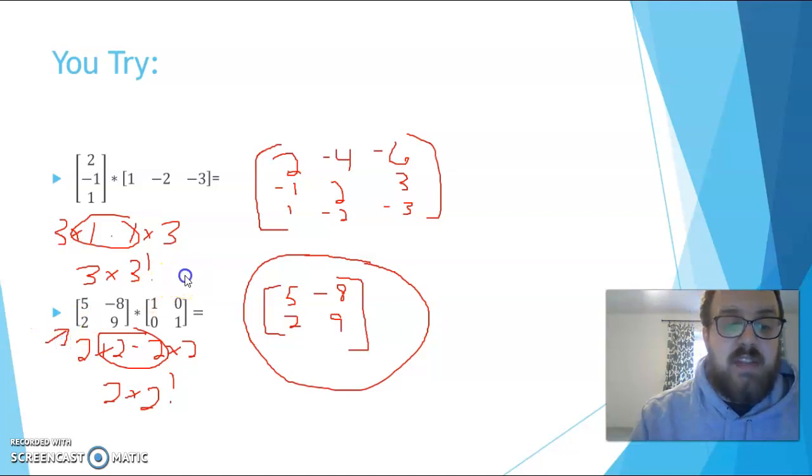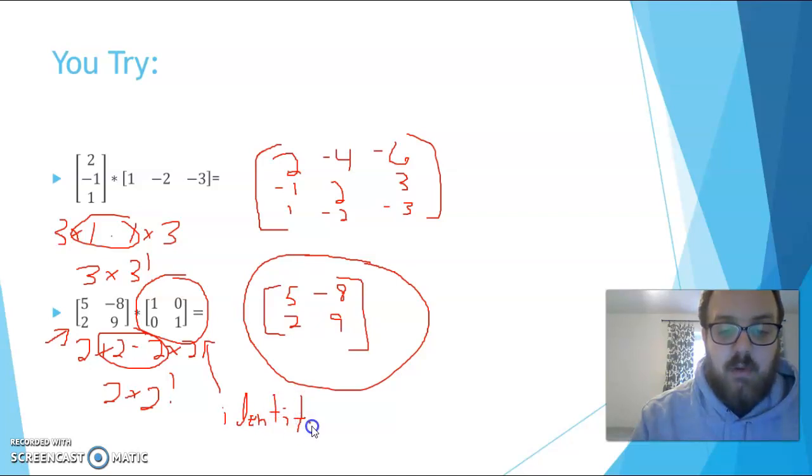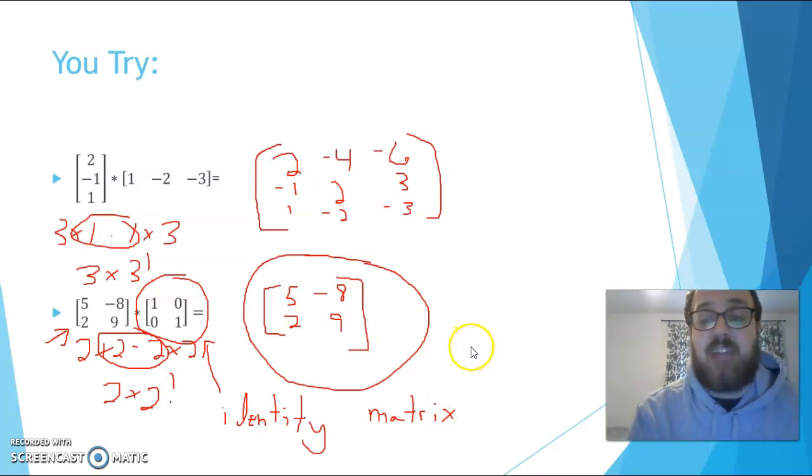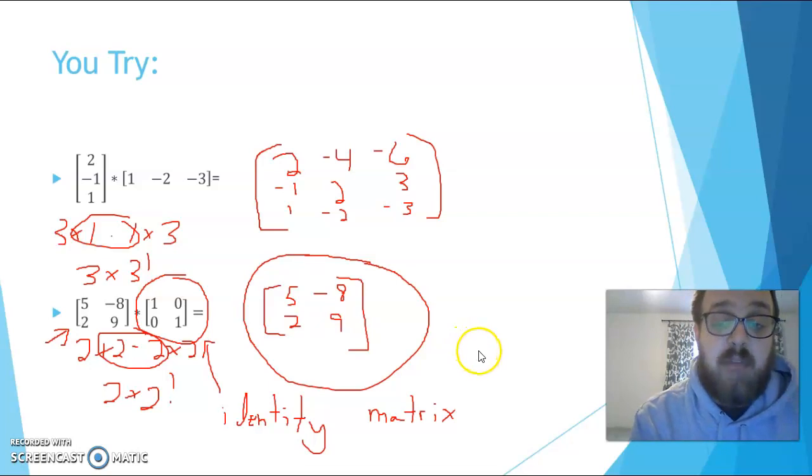That is because this matrix actually has a special name. This is the identity matrix. Kind of like how in our normal number system, 1 is the identity. Anything times 1 is itself. These strategic ones and zeros, we call the identity matrix because anything we multiply by it gives us back whatever we're multiplying.